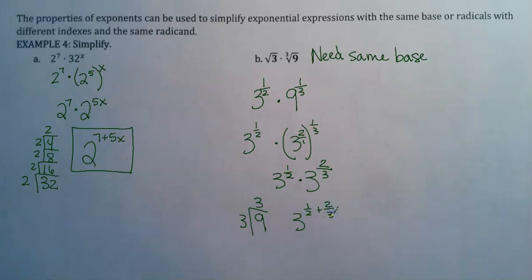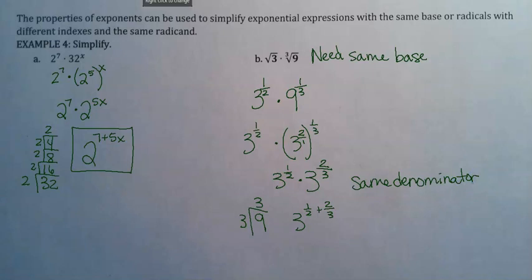This doesn't look much different than the earlier version, except here we didn't have like terms. 7 plus 5x, 7 and 5x are not like terms. Here, we can't add them because we have fractions, and to add fractions, we have to have the same denominator. So we're going to get the same denominator, just like we do in adding any other fraction.